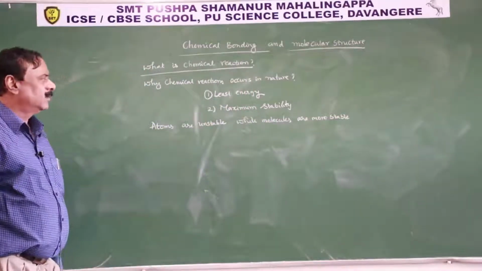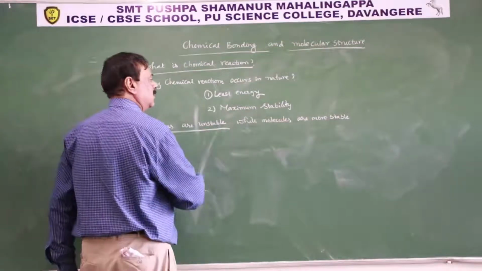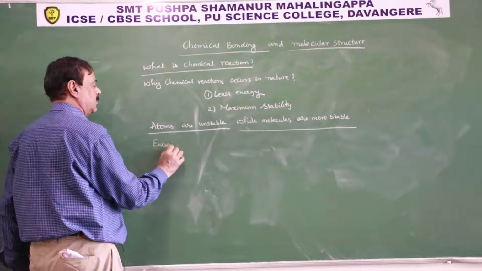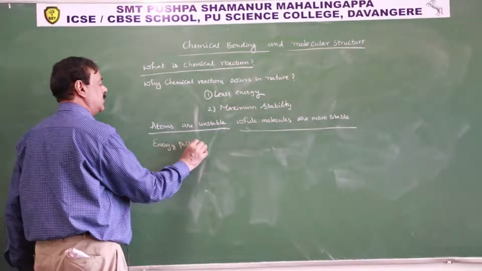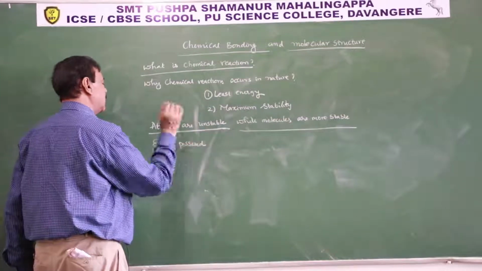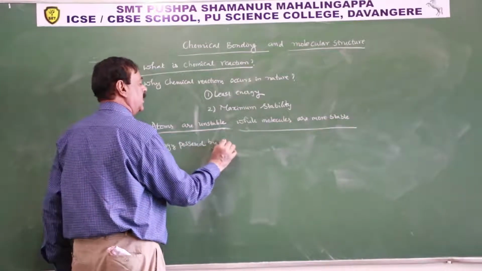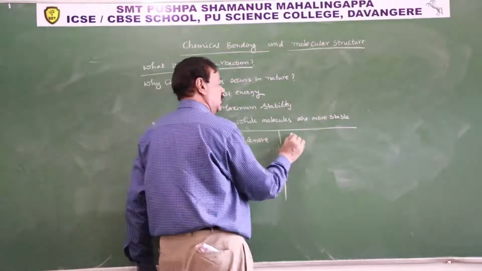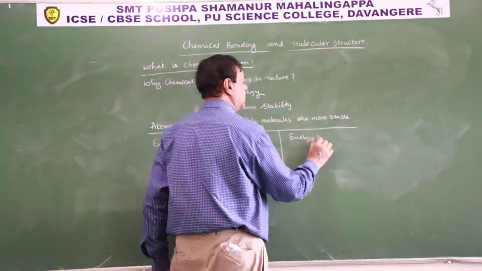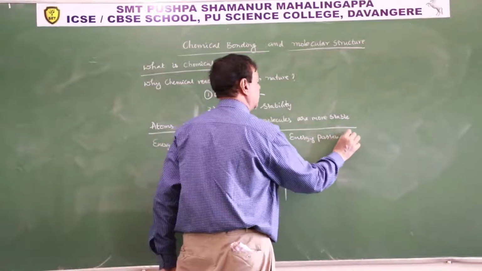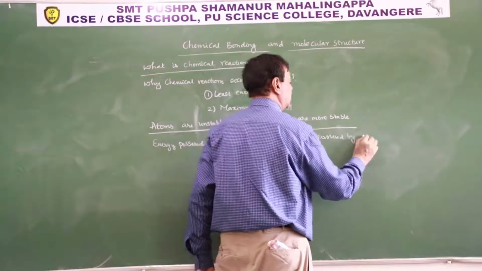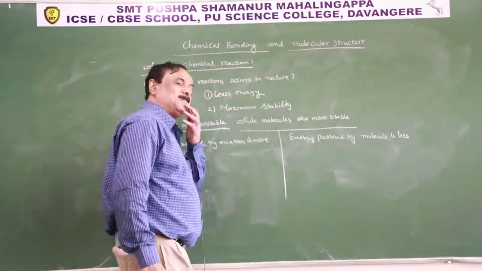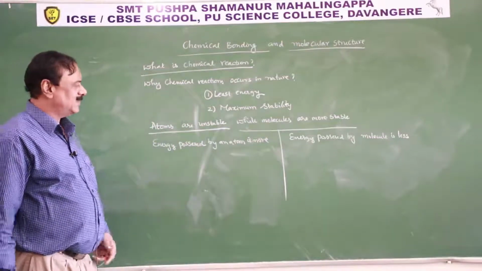Atoms are unstable while molecules are more stable, because the energy possessed by an atom is more. Energy possessed by a molecule is less.